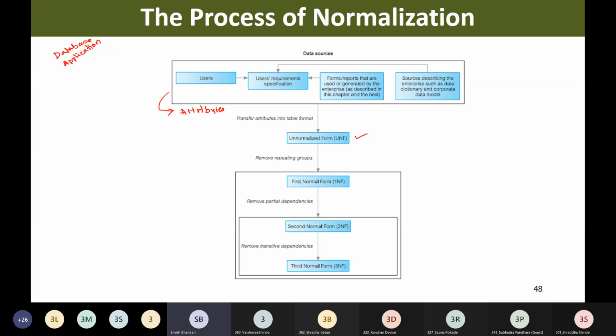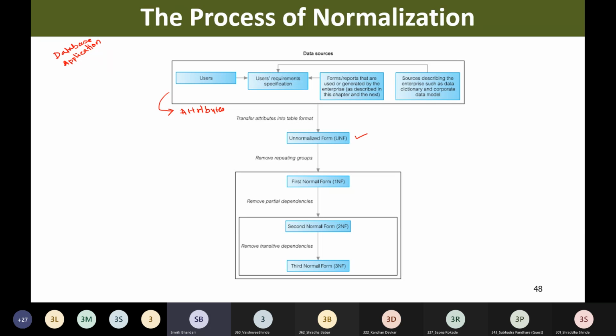Typically, there are three basic normal forms that were proposed initially. These three normal forms are listed over here: first normal form, second normal form, and third normal form. As I stated, whenever we collect the data, initially we come up with the unnormalized form of database.